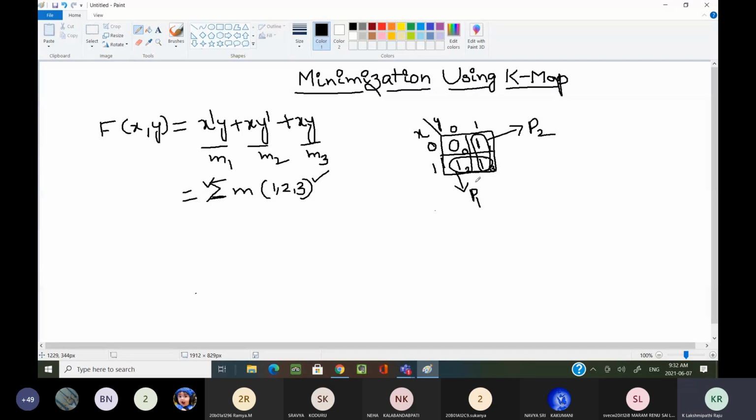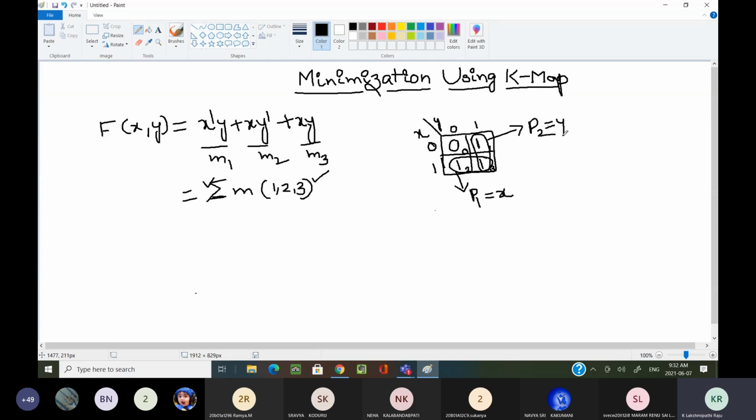Now if I simplify pair 1, what I am getting is X. Don't worry, I can come back after writing the solution. If I simplify my pair 2, what I am getting is Y.